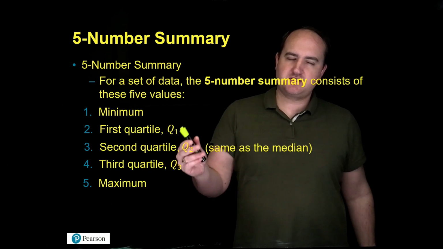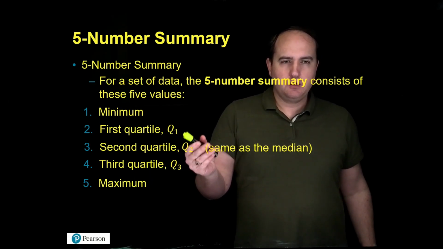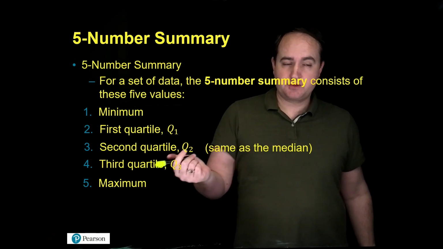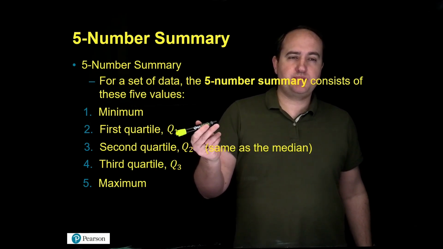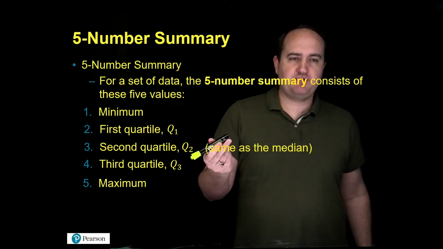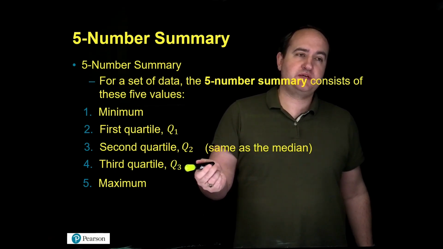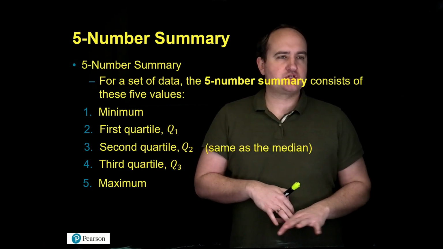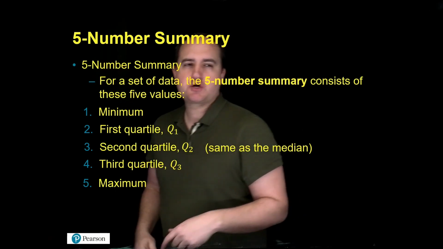You don't actually have to use the locator when you're doing the quartiles, but you're welcome to. Just remember that Q1 is P25, Q2 is P50, and Q3 is P75. If you want to use the locator, it works just great as long as you follow the flow chart.